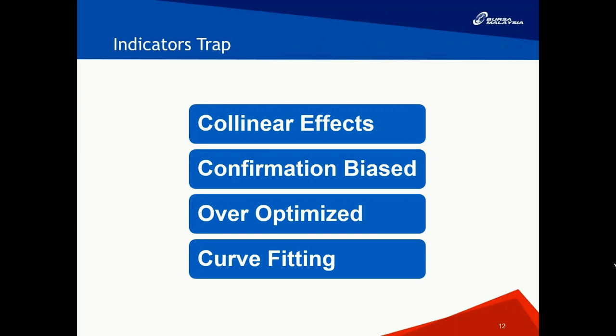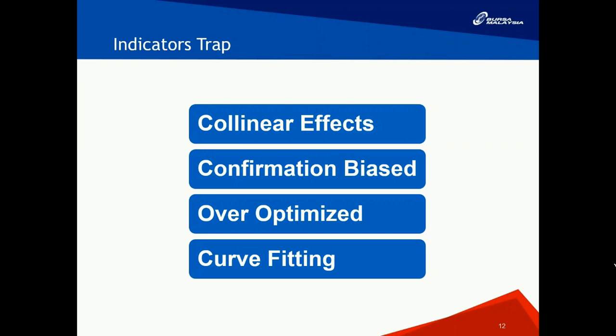You want to learn A, B, C up to Z, and after Z, then A, B, A, C. You'll be forever learning indicators, but you must accept that you don't need to know all the indicators. If your friends tell you this indicator is better, it's totally okay if you don't follow, because mastering a few indicators is more than enough for you to start trading, because of the collinear effects.